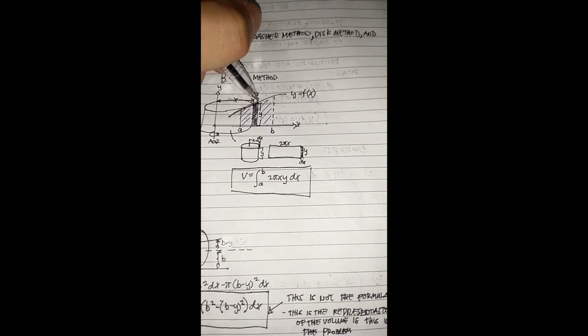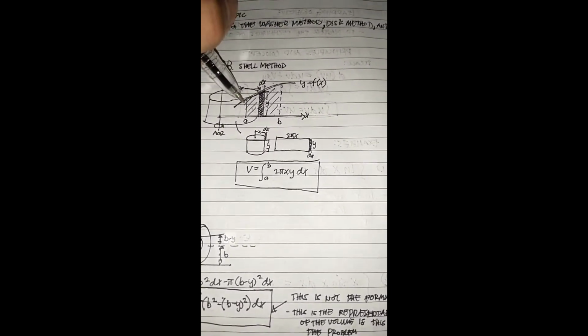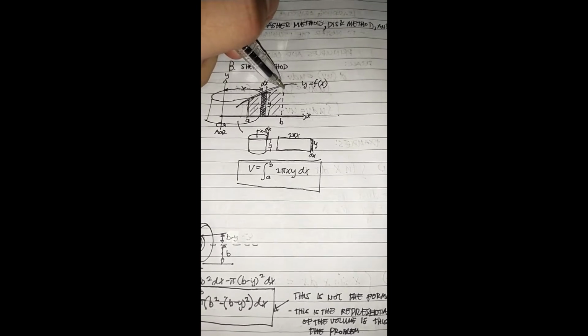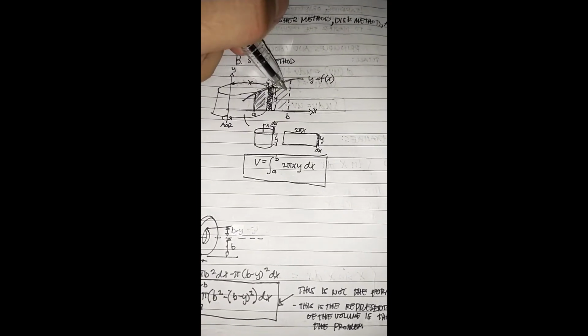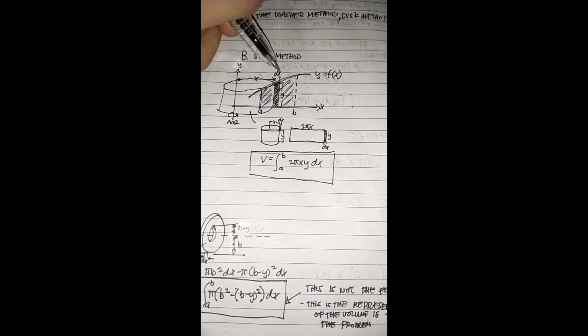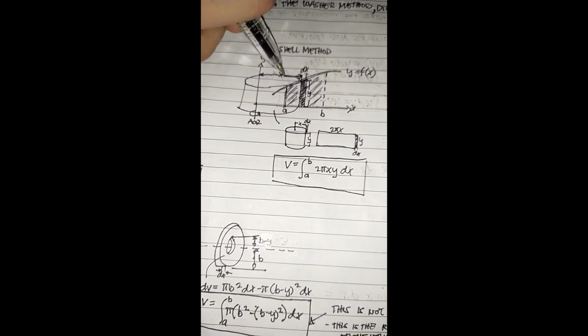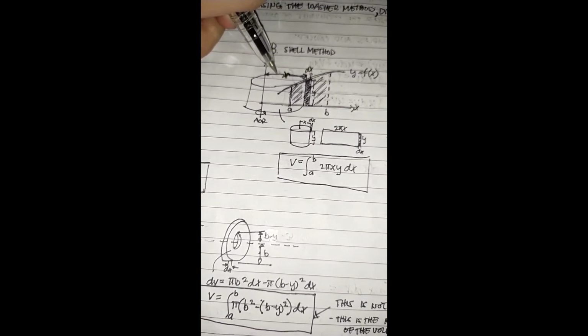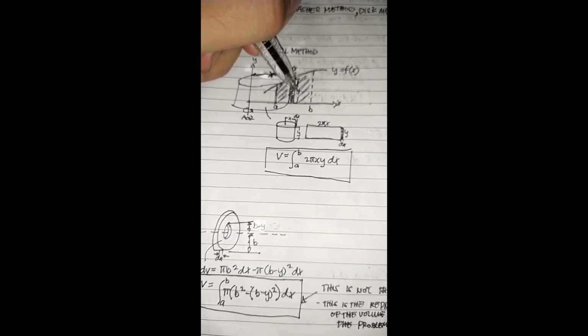Then in the shell method, this is our graph. This is the y is equals to f of x. This is our area. And this is our dx. This is the measure of our x and the measure of y.